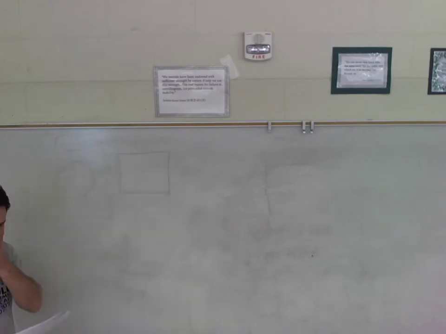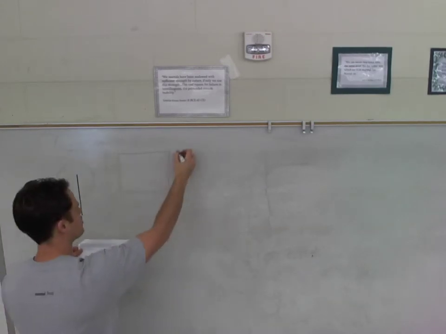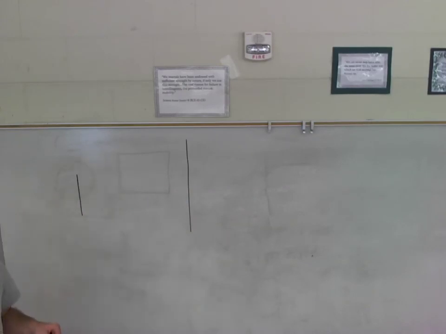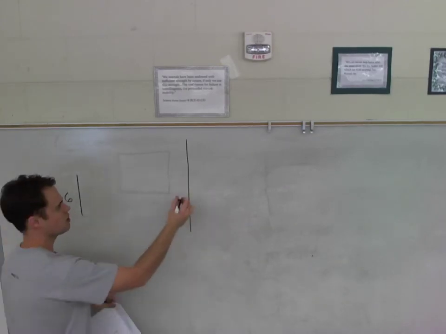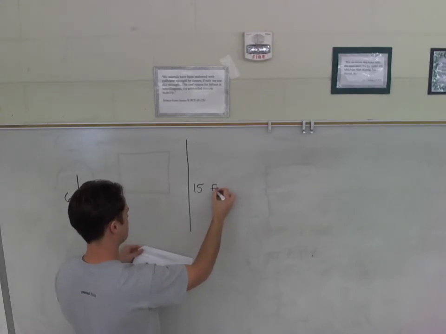Okay, last one. So let's say we have 2 poles, all right? So I'm going to draw 2 poles. Let's say one's there, one's a little bit taller, so the poles are not the same size. Let's say this one is 6, and this one is 15. I'm going to give you some units, let's say feet.